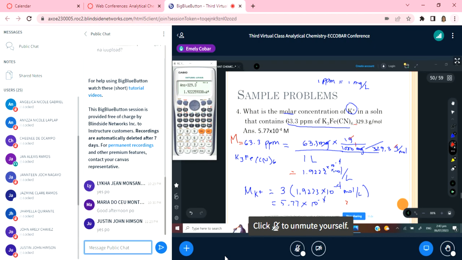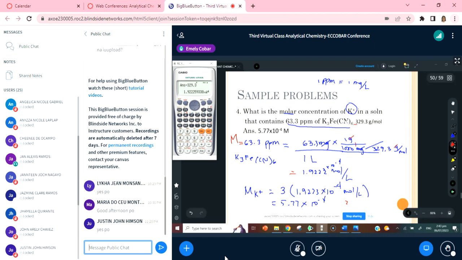1.9223 times 10 to the negative 4 mole per liter. So, na-convert ko na ngayon itong potassium ferrocyanide into molarity. Okay? Now, next. Tapos na ba? Not yet. Why? Because ang talagang pinapahanap is what is the molar concentration of the potassium ion.